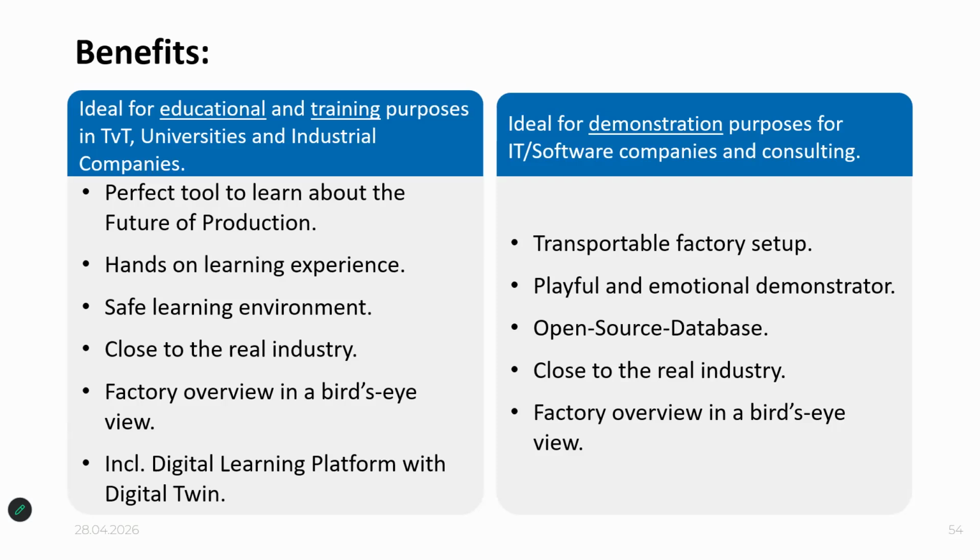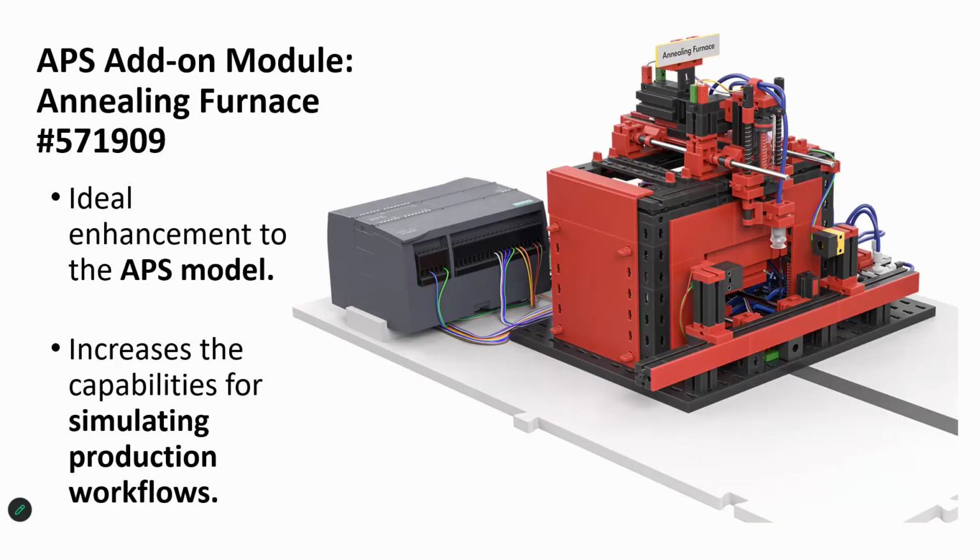Now, in a break with previous fischertechnik factory releases, the APS model has been designed to allow for possible expansion, as we touched on before. Now, currently, there are two additional modules which are available for purchase separately, which can also be incorporated if one wishes to expand the functionality of the APS model. The first of these, as you see on the screen now, is the annealing furnace shown here.